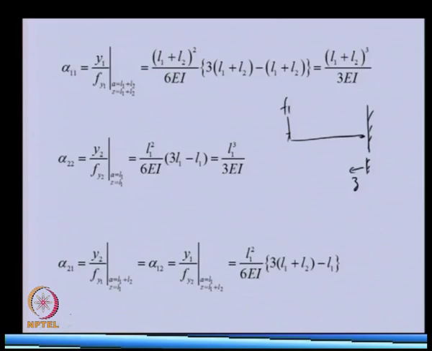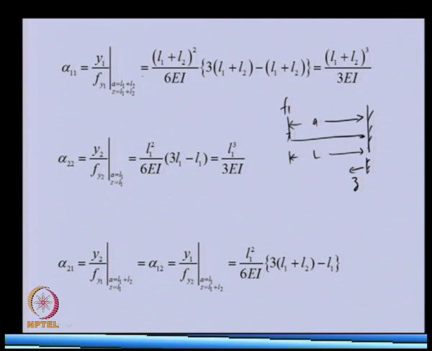For this case the distance A is this one, which is also equal to the total length L1 plus L2, and we want the displacement at the same position where the force is acting. So, Z defines the position where we want the displacement, A is the position of the force. Both are the same here, total L.